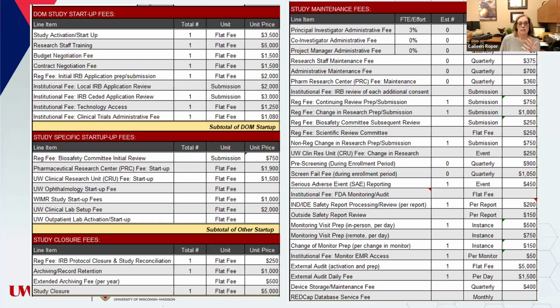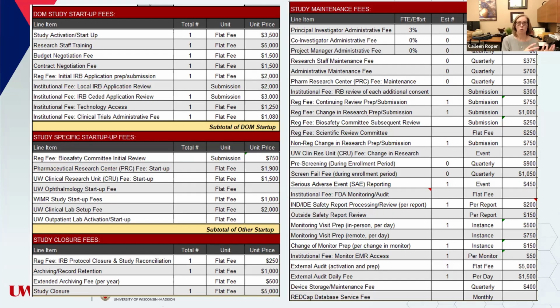So looking at an example, this first page, these are an example. This is from DOM. This is our clinical trial template for all of our site fees. So these are all of the potential items that we may incur charges for administrative activities.